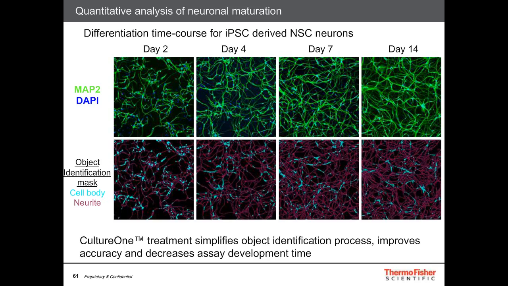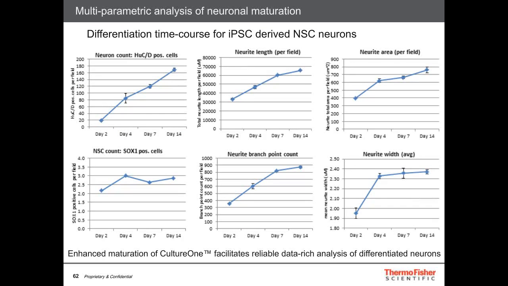So basically, because CultureOne eliminates the clumping and the progenitor cell proliferation, it really simplifies the object identification process and improves the accuracy, and it really decreases the assay development time because you're not having to really train the software very much to identify the objects.